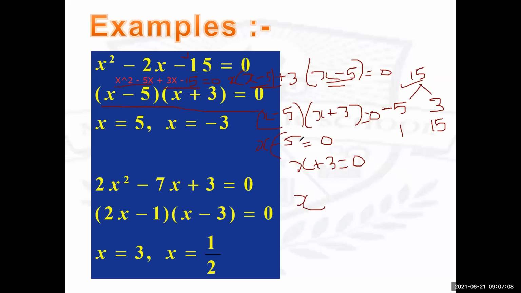Minus 5, when it goes to the other side, is going to become plus 5. So x equals to 5. And here x plus 3, when it goes to the other side, becomes minus 3. So x equals to 5 or x equals to minus 3.